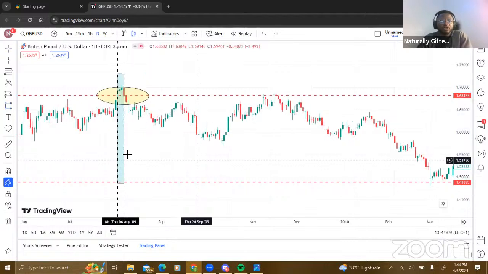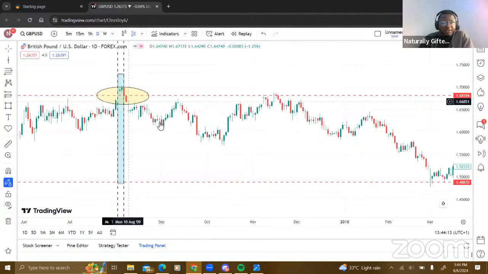In the month of August 2009, we see how GU moved all the way to the top and started coming down. That's August 2009. Pay close attention to this.